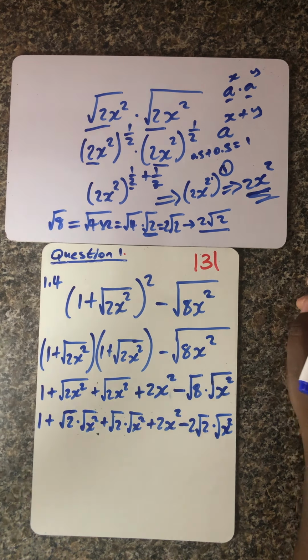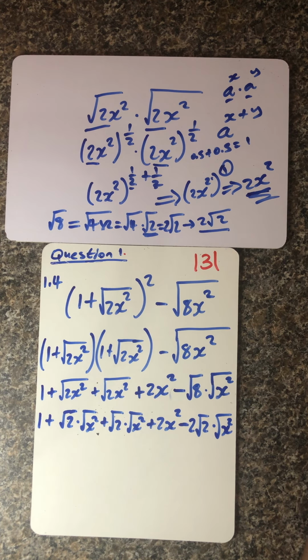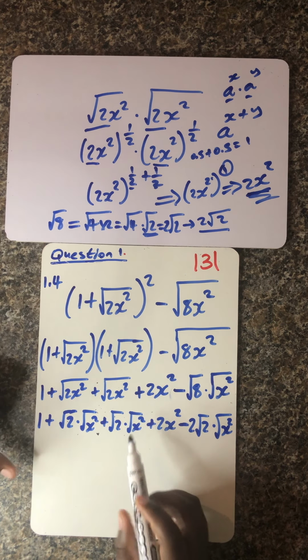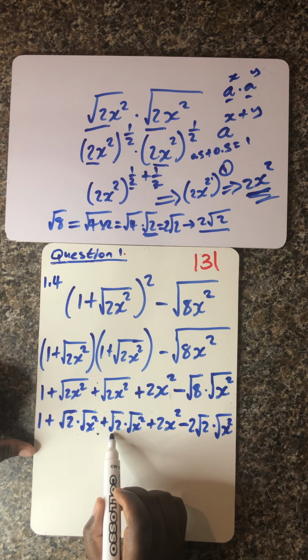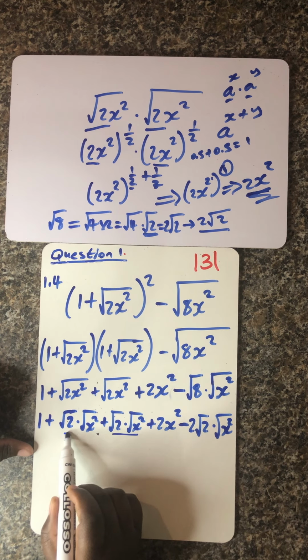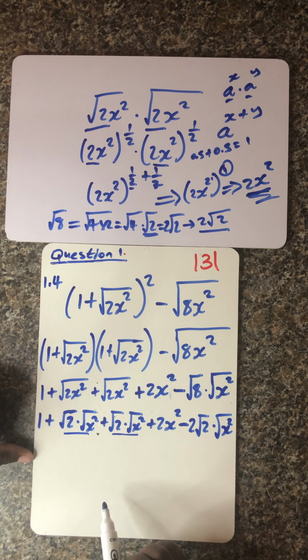Don't get confused, just relax, have a glass of water, and don't panic. So ladies and gentlemen, can you see this thing and this thing is the same thing, isn't it?